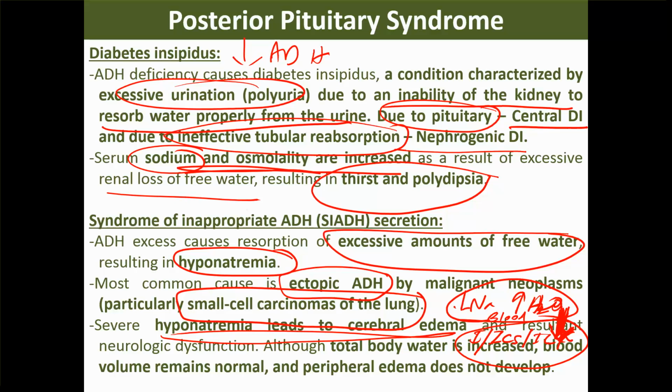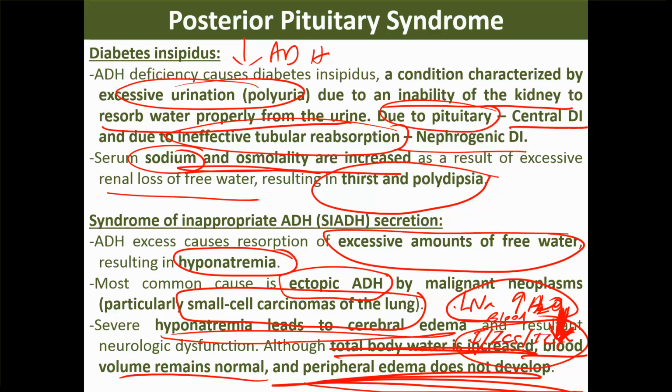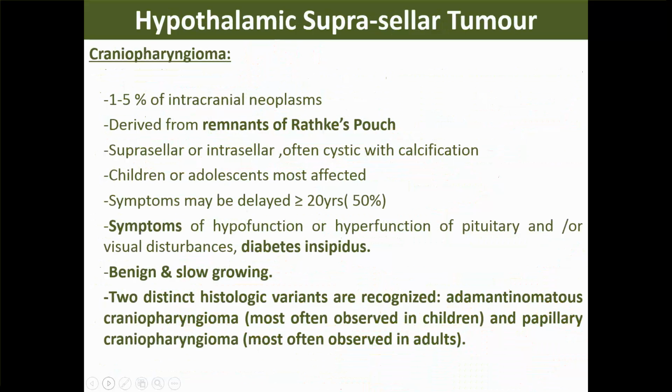So that's why there is no peripheral edema. So the total body water is increased but blood volume remains normal. This is the thing you should understand, and that is the problem in syndrome of inappropriate ADH secretion.